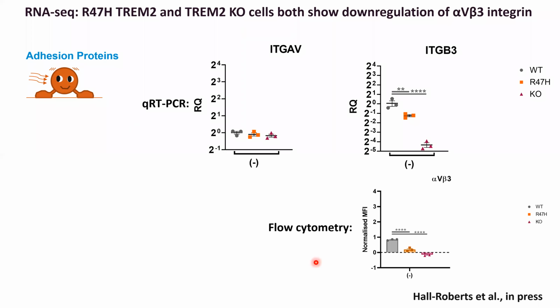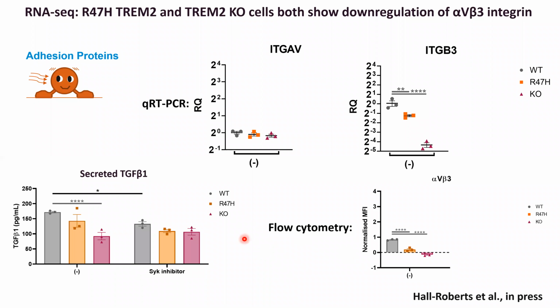This was also further validated by Hazel by flow cytometry, so on the actual protein level, and we see the same pattern. Now, interestingly, TGF-beta is also down-regulated in the knockout cells compared with wild type, and this must be a TREM2 dependent phenomenon, because when you add a Syk inhibitor, which is just downstream of TREM2, that reduces the amount of TGF-beta that's produced by the cells.